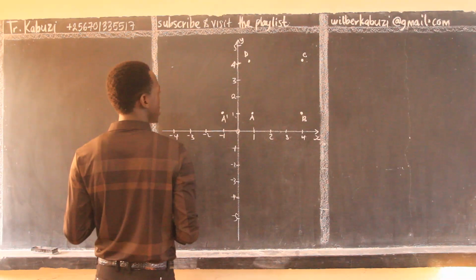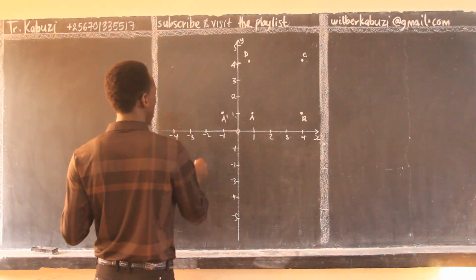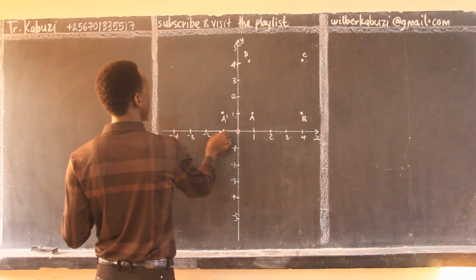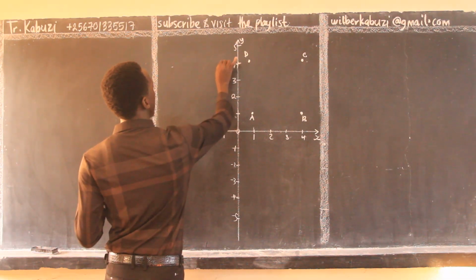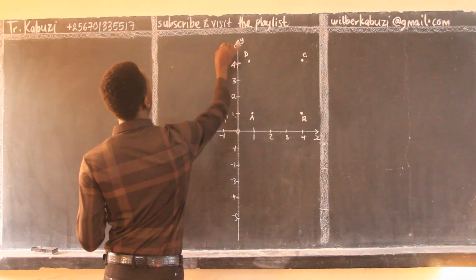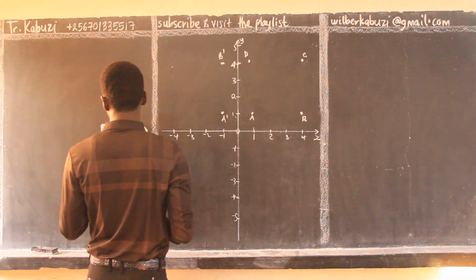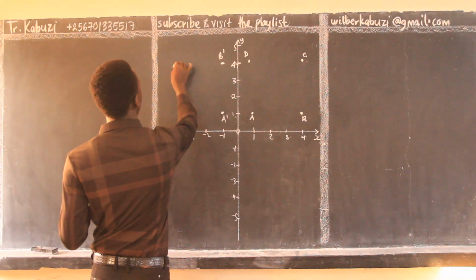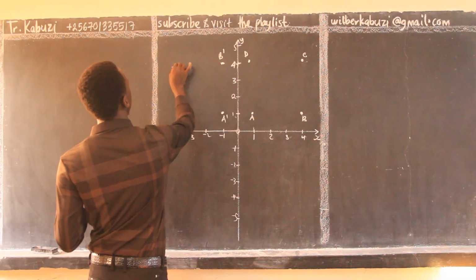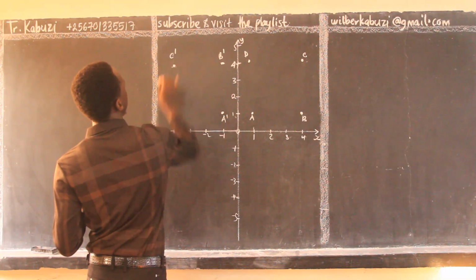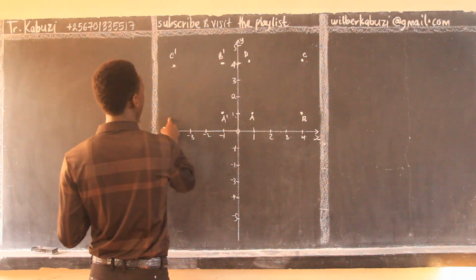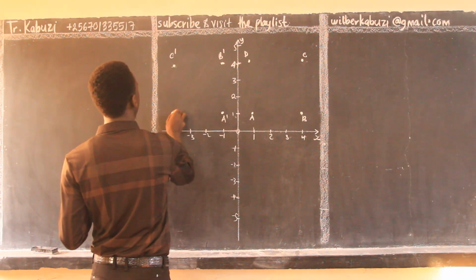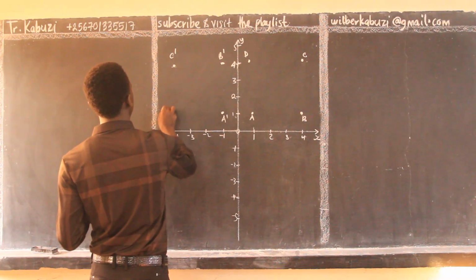Then negative 1, 4 is our B prime. Then negative 4, 4 around there, which was our C prime. Then we also had D at negative 4, 1, around there. This is our D prime.